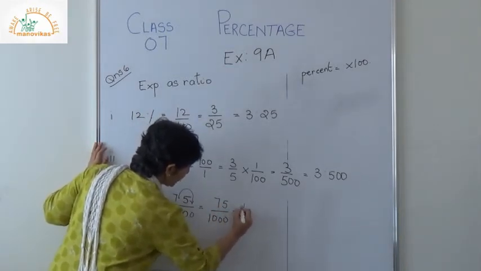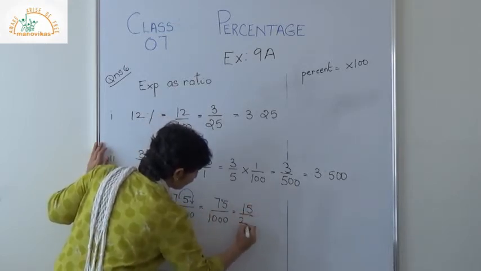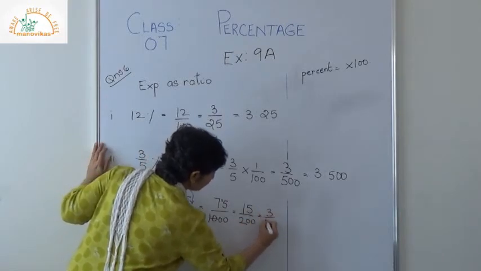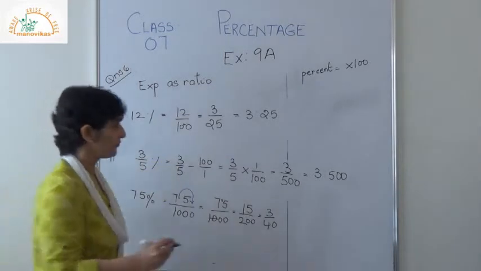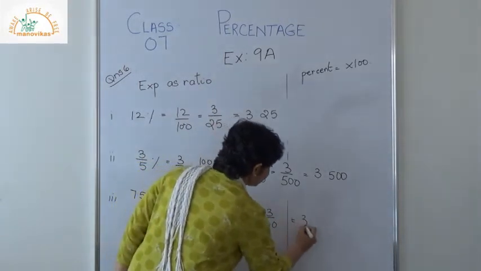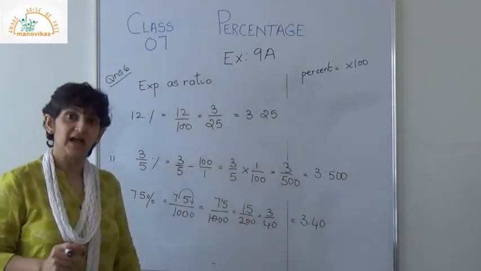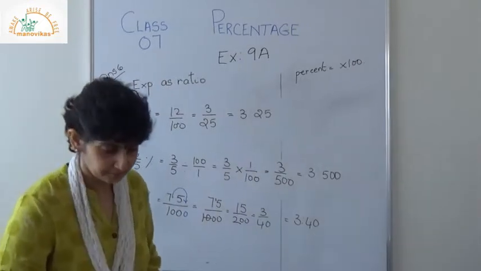Let's reduce. 5 ones are 5, 6, 7. 5 5s are 25. 5 2s are 10 and 2 zeros. 5 3s are 15. 5 4s are 20, 0. So 3 upon 40 means 3 is to 40. Clear? Have you understood?